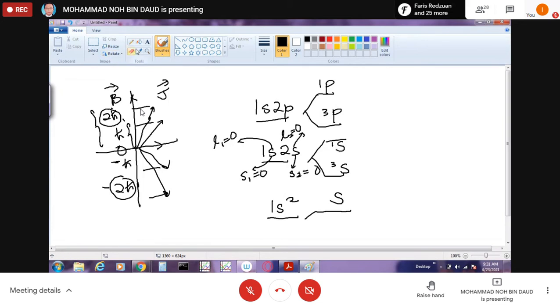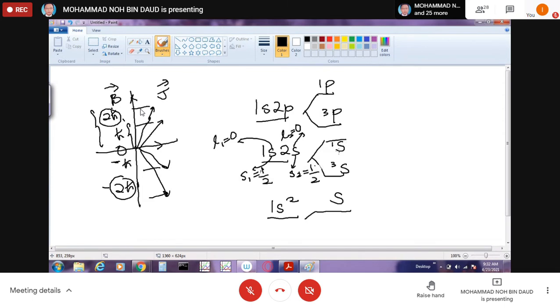S is half. Half plus half is 1, so we get this triplet. Half minus half is 0, so we get this singlet. L is 0, 0, so we get this S state.